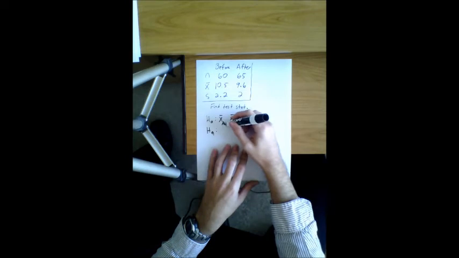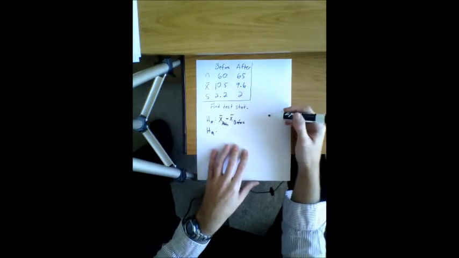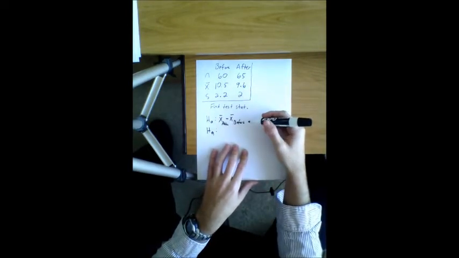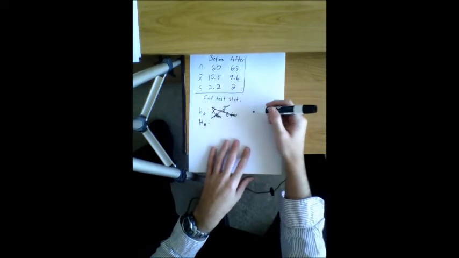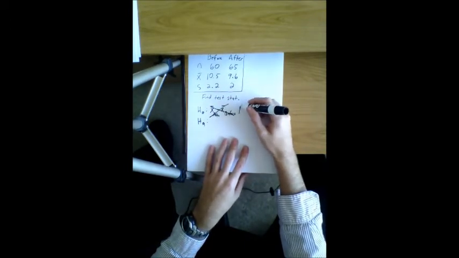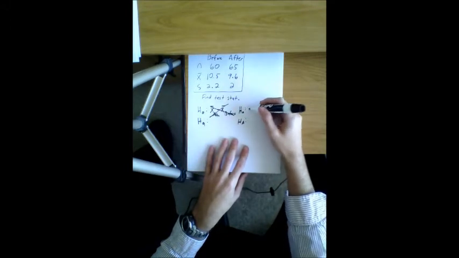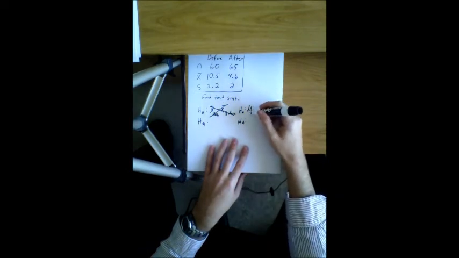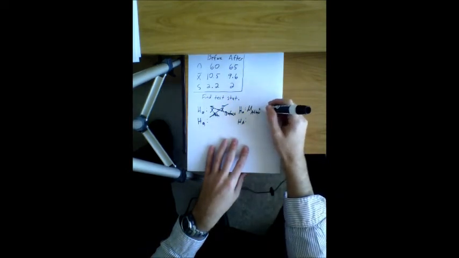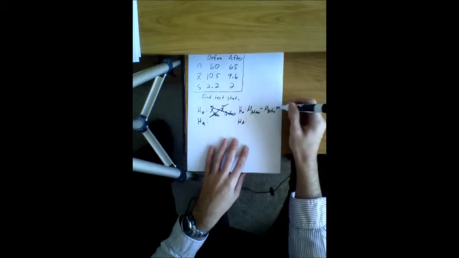Where this is x bar after minus x bar before. So this would kind of be the idea for the setup. However, we don't want to use our point estimates. Recall, for the actual hypotheses, we do want to use the population parameters. So we would have mu after minus mu before, which could equal 0.